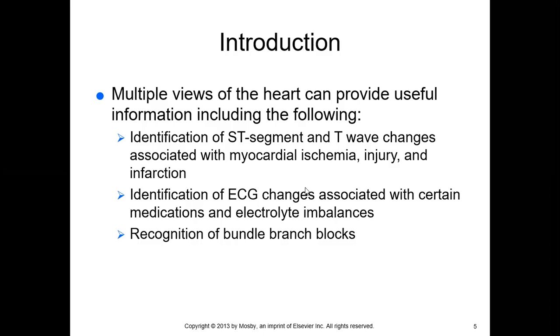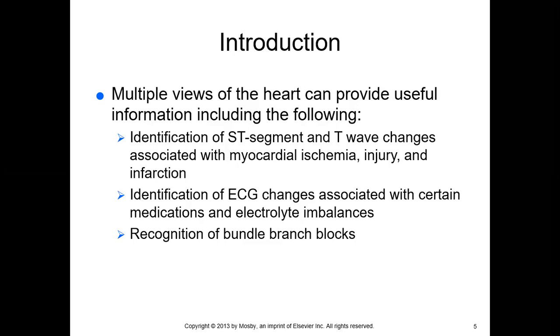When you're dealing with 12 lead EKG, you want to know that there are multiple views of the heart that can provide useful information, including the following things: identification of ST segment and T wave changes associated with myocardial ischemia, injury, and infarction.